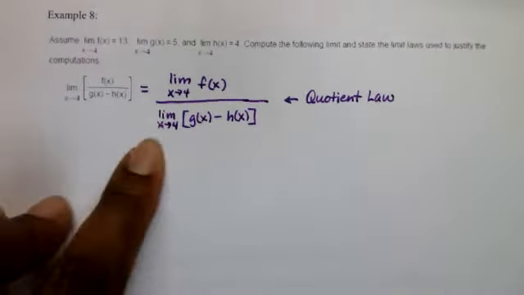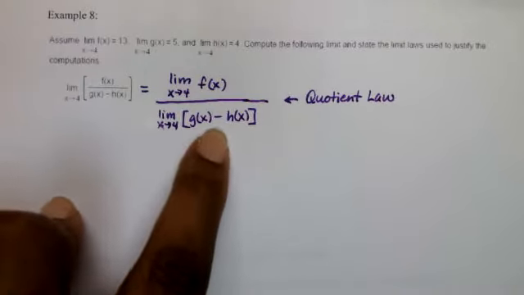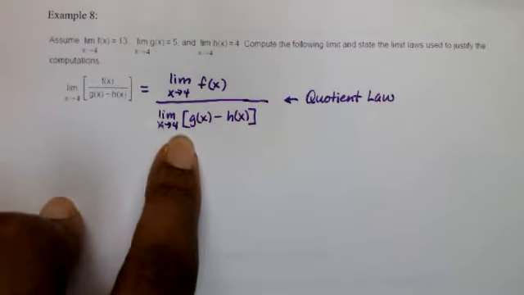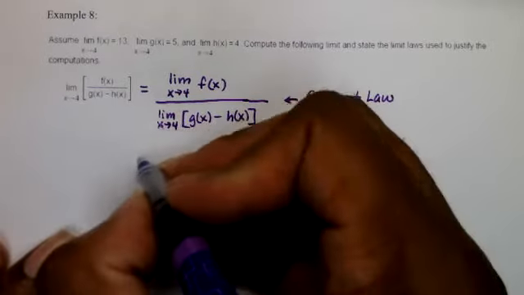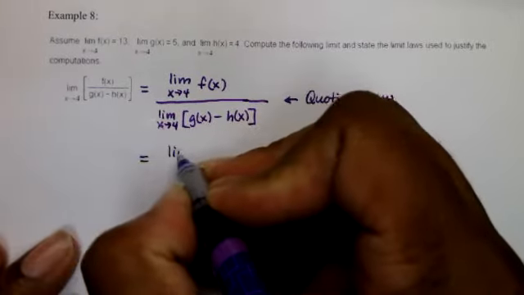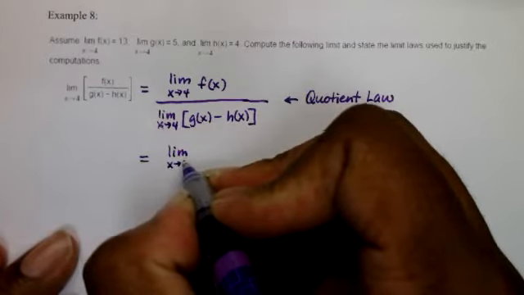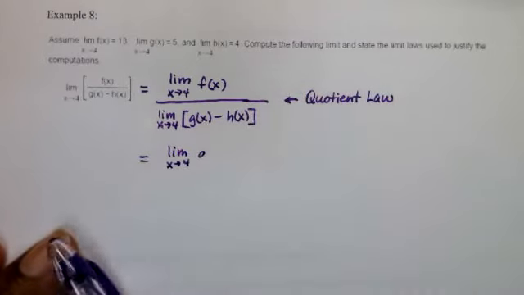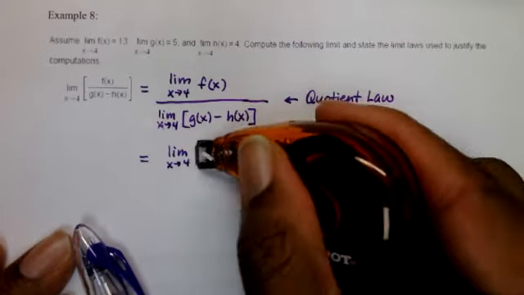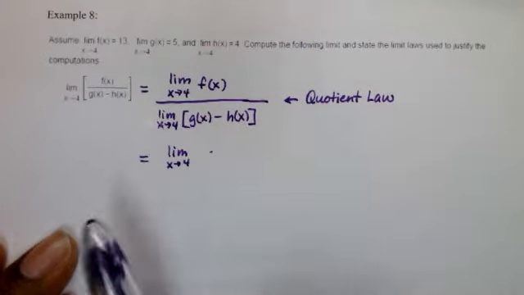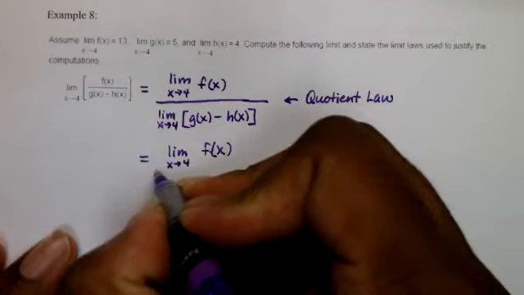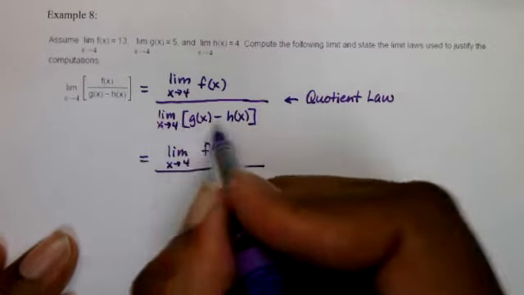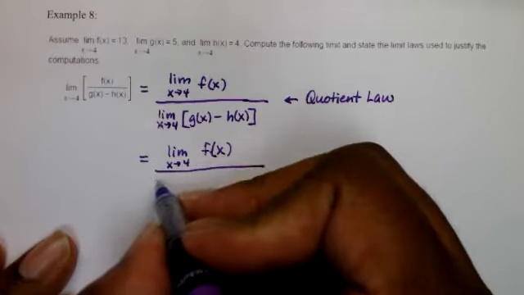Okay, now in the denominator, I've got the limit of the difference. I can write that as the difference of the individual limits here. So let me bring down the limit as x approaches 4 of f of x. And that's divided by, and I'll write this as the difference of the individual limit.